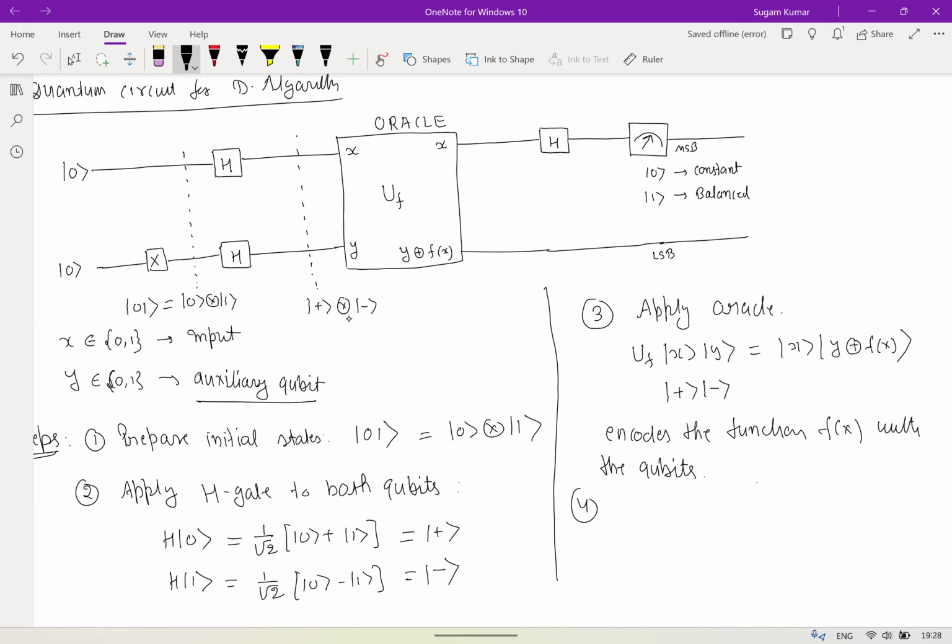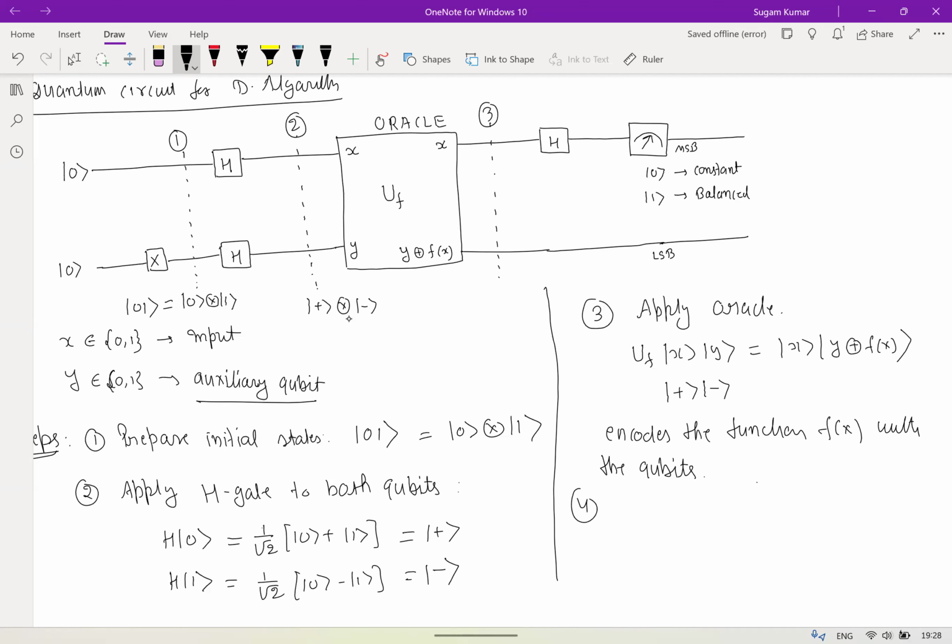Then the fourth step. After this, you get the output. You are here now. You can see this is step number 1, this is step number 2, and after step number 3, you will be here. And now you're going to apply step number 4.